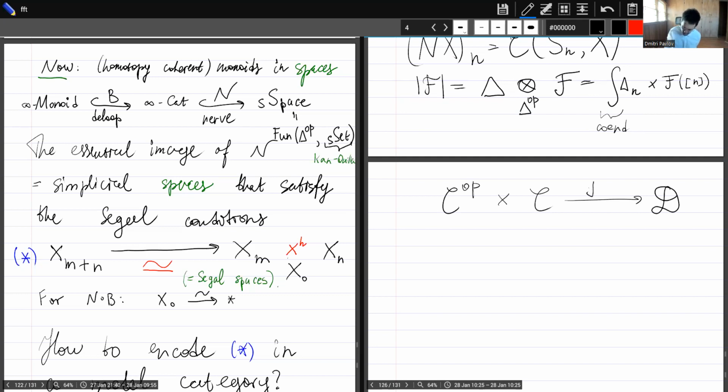Let's call it F, and the coend of F(x, x) with respect to x is by definition an object equipped with a collection of maps.